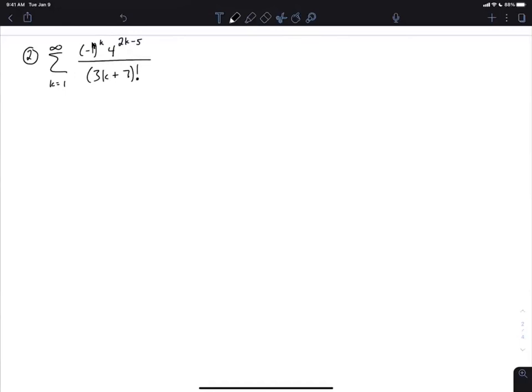And so we look at this and say, okay, we're going to try the ratio test because it has all the stuff. So let's do the limit as k approaches infinity of the absolute value of a sub k plus 1 divided by a sub k.